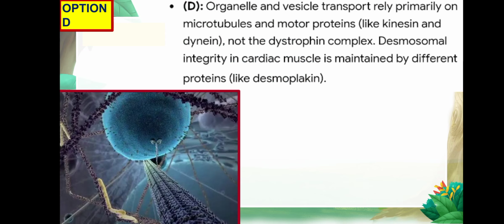The vesicle transport is carried out by kinesin and dynein proteins which travel on microtubules, and it has nothing to do with dystrophin, isn't it? So option number D is also not correct, not the dystrophin.